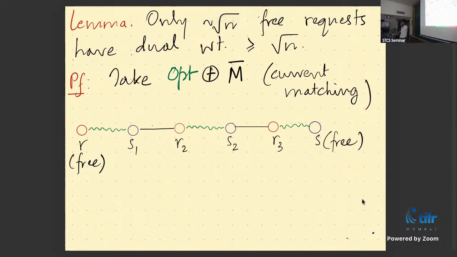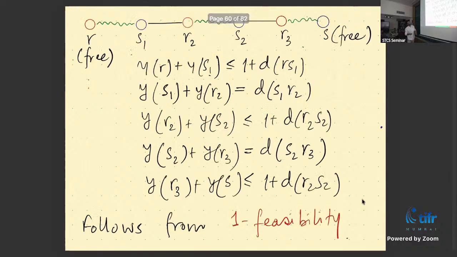Now let us look at one such path, and assuming that I have maintained one-feasibility, let us write these inequalities. I'm looking at this path, and for every edge that is in the optimal matching, I know that I am one-feasible, which means that I can write this constraint. For every edge that is part of the current matching, I can write the tight equality constraint.